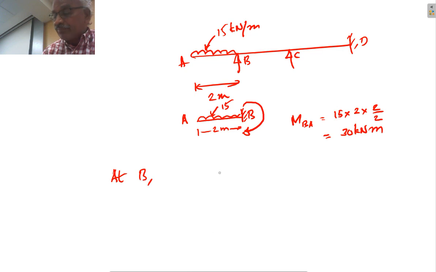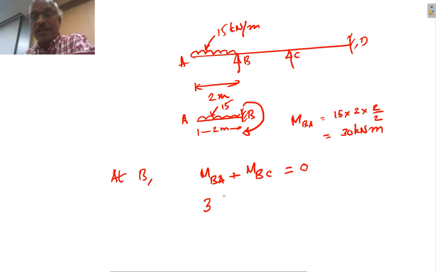At B the equilibrium equation is MBA plus MBC equal to 0. So MBA is already a known value, namely 30 kilonewton meter. So MBA equal to 30 plus MBC, may be some number.